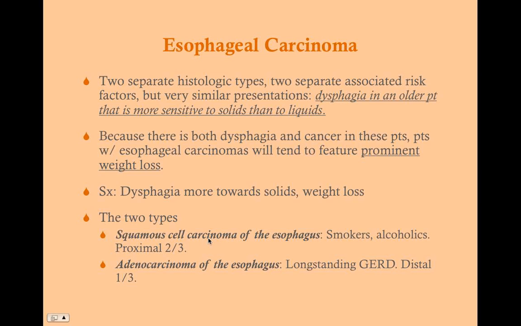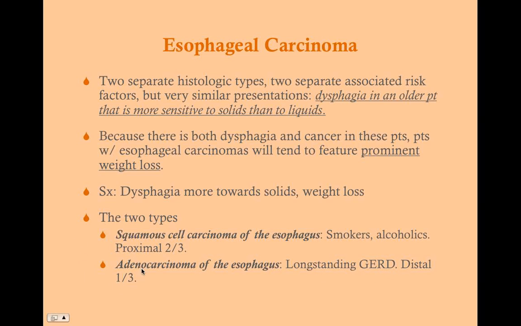So the 2 types, sometimes on the USMLE they'll give you a patient's history, and they'll ask you to answer which of the following is the most likely diagnosis. The way you're going to know what the most likely diagnosis is based on whether it's cancer is the history of the patient. So squamous cell carcinoma of the esophagus tends to turn up in smokers and alcoholics, whereas adenocarcinoma of the esophagus tends to show up in patients with long-standing gastroesophageal reflux disease.